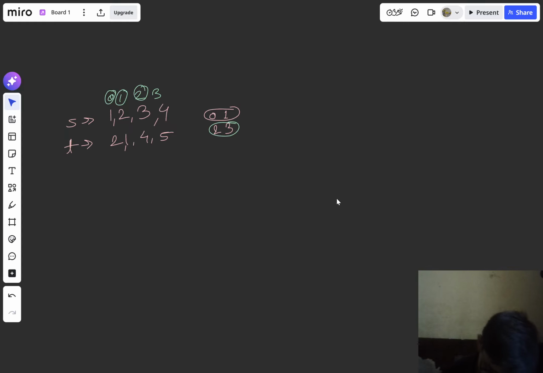I will represent it with a different color. So 0 and 1 are one group, and 2 and 3 are different. What can we justify from this? We are able to swap many different positions.